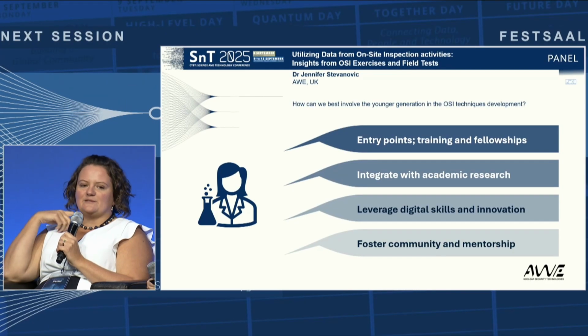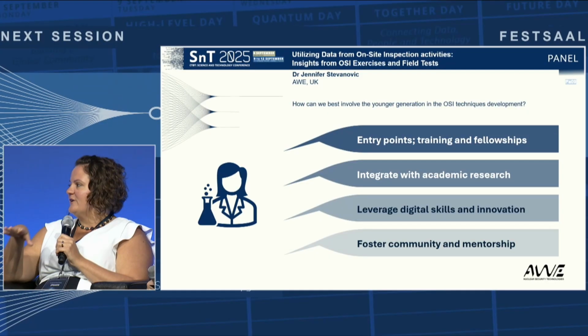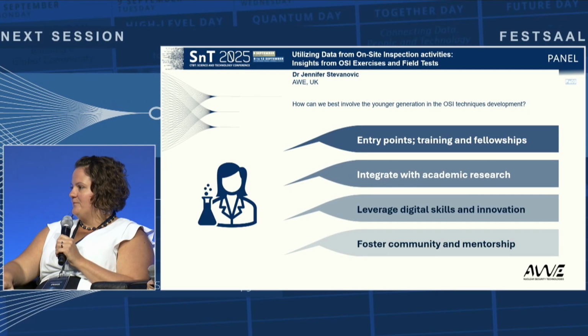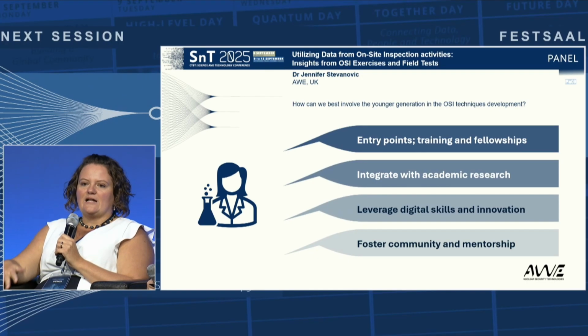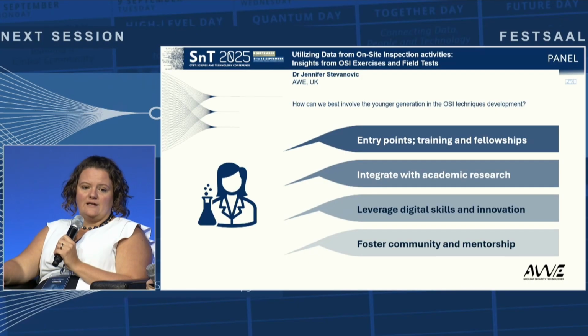Coming back to my slide points, looking at different entry points for early careers and youth professionals, looking at training and fellowships. I know there's a really lovely outreach program, a mentoring program now. Things like that we should build on and do more.